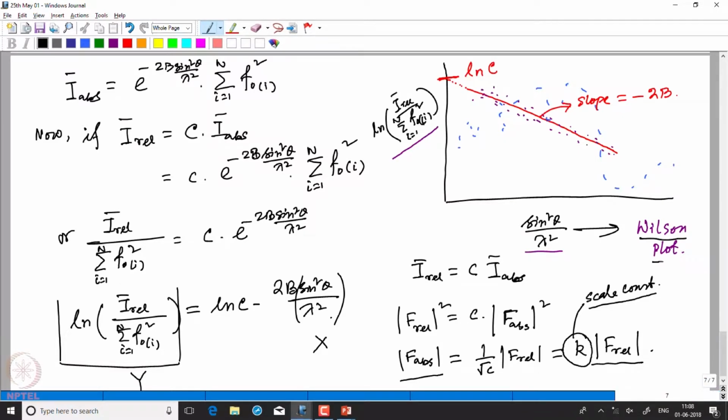This Wilson plot is generated to identify a good data set from a bad data set, and also to identify the corresponding constant, the scale factor or scale constant, which is related to this C. So ln C is calculated from the data by extrapolating to sin theta by lambda square equal to 0, and the slope of this straight line gives you an estimate of the thermal parameter B.